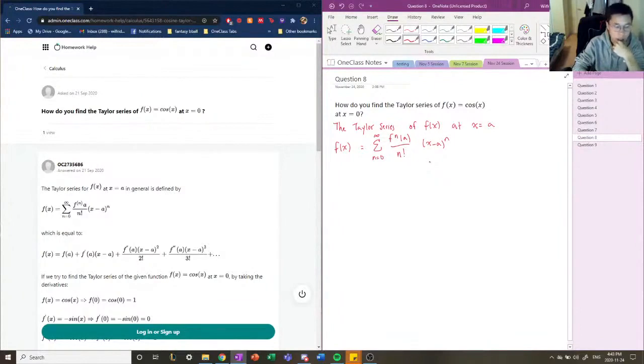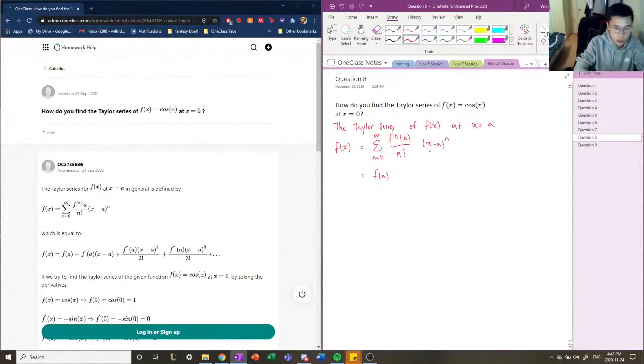All right. So they want us to find the Taylor series of f of x equals cos x at x equals 0. We can write this out as f of a when n equals 0, and 0 factorial is 1, right?